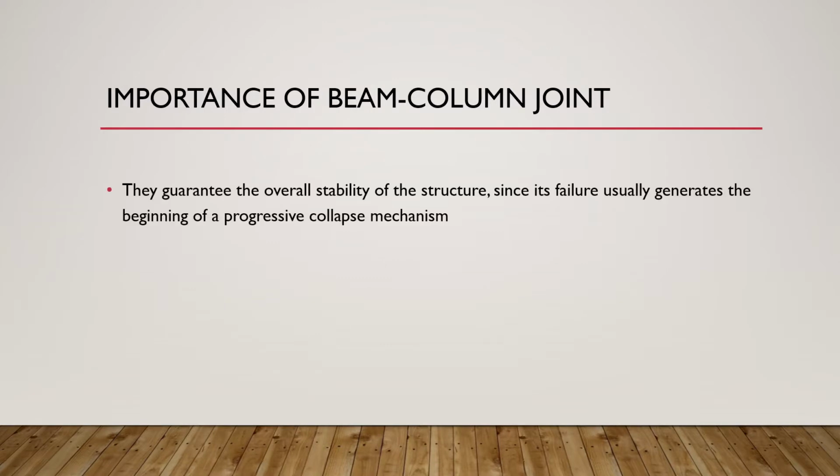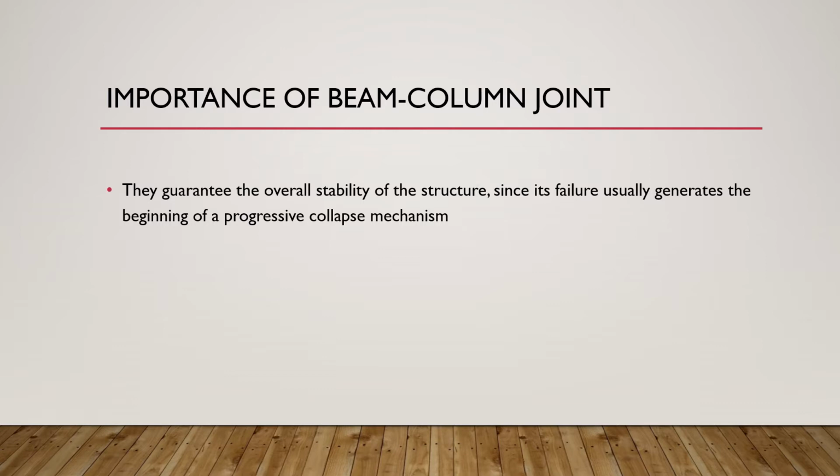The importance of beam column joint: these joints guarantee the overall stability of the column, since its failure usually generates the beginning of a progressive collapse mechanism.